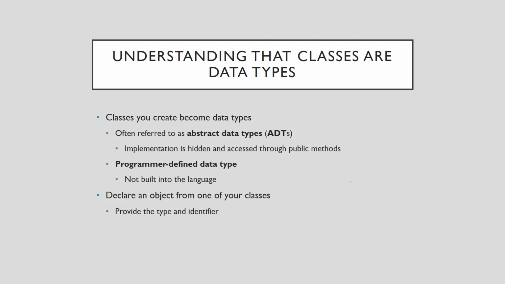These ADTs, or these classes that you have created, can be a programmer-defined data type and not built into the language. For the class that you have created, you can declare an object from any of the classes, and it can be used as a type for the identifier of our reference variable.